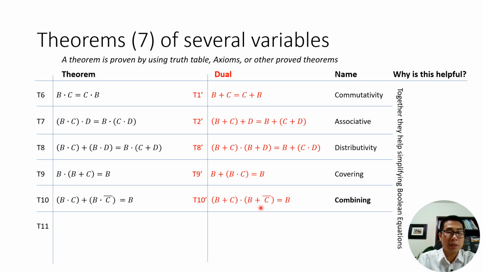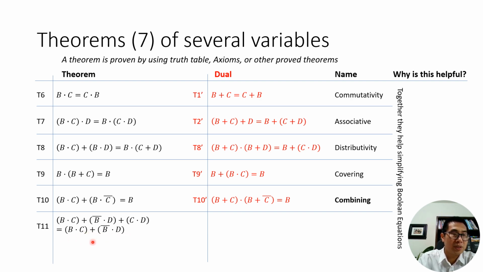Now the next one is theorem 11. If you do B and C, or not B and D, or C and D, this also happens in the form of sum of products, and it can be simplified this way.